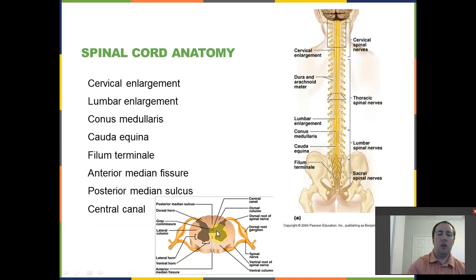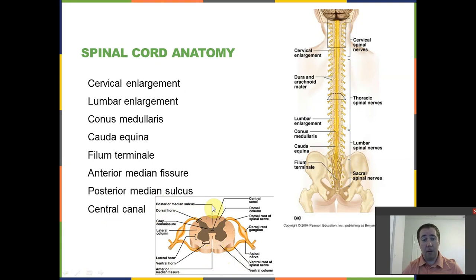Because you look at this and you say, well, if I were to ask you, is the front of the spinal cord on the top of that diagram, or is it on the bottom of that diagram? Now you can look at it and you can see it says the anterior median fissure is at the bottom and the posterior median fissure, or the posterior median sulcus, is on the top.